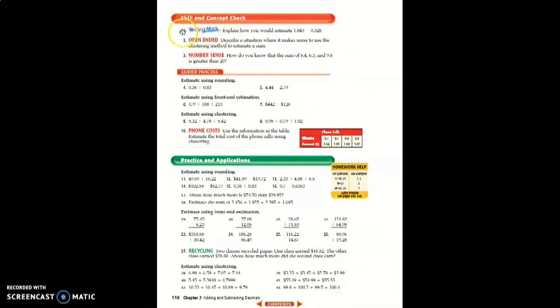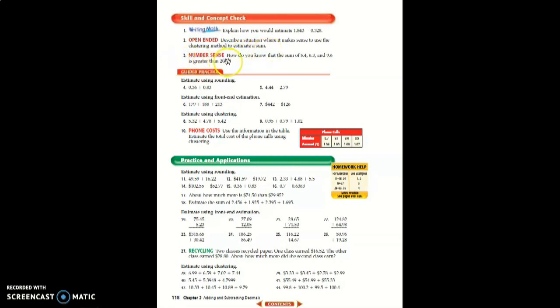Skill and Concept. 1. Write math. Explain how you would estimate 1.843 minus 0.328. 2. Open-ended. Describe a situation where it makes sense to use the clustering method to estimate a sum. 3.